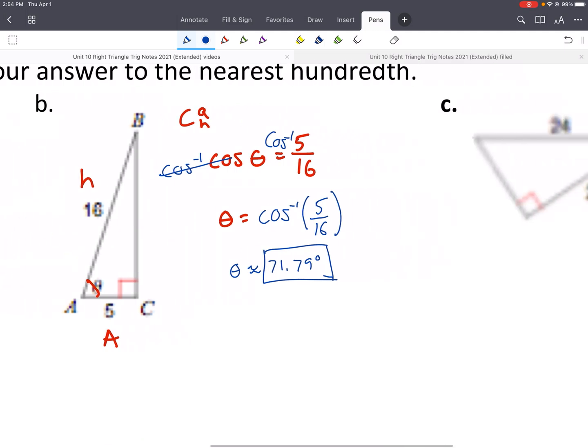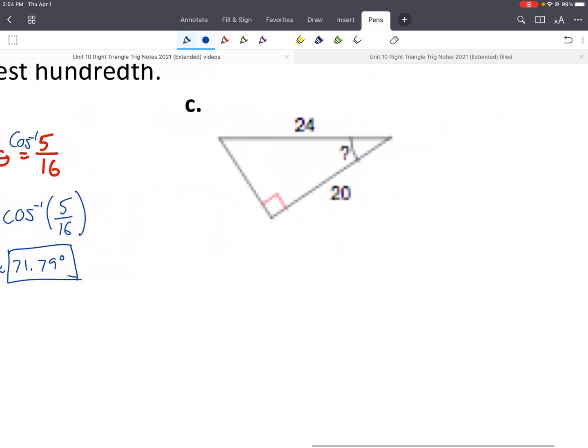All right, let's do these a little quicker now. We kind of know what's going on. Here we have our reference angle we're trying to find. We have our hypotenuse and adjacent, same SOHCAHTOA.